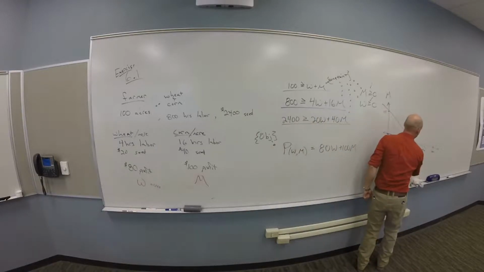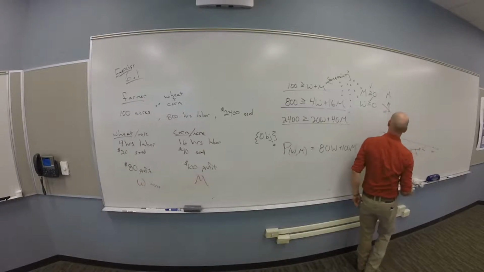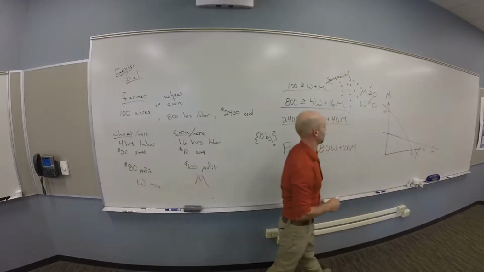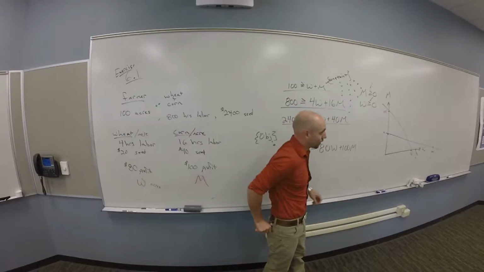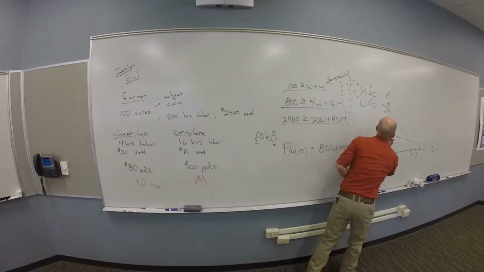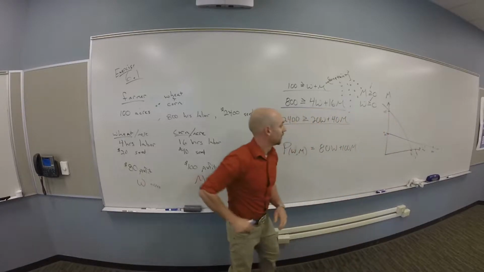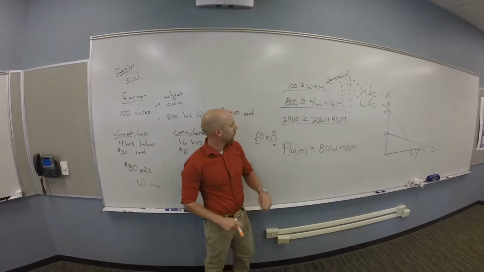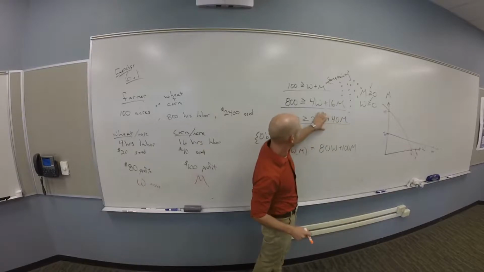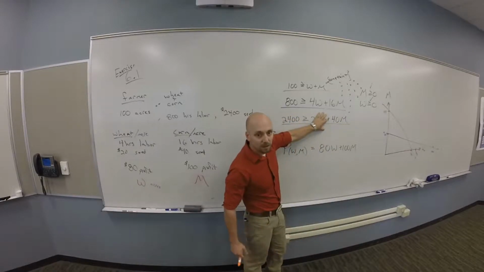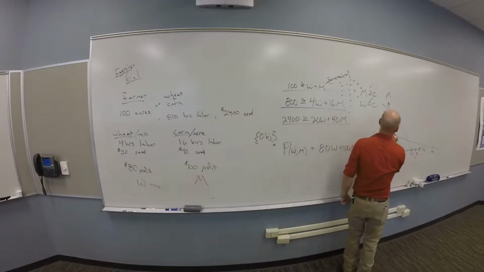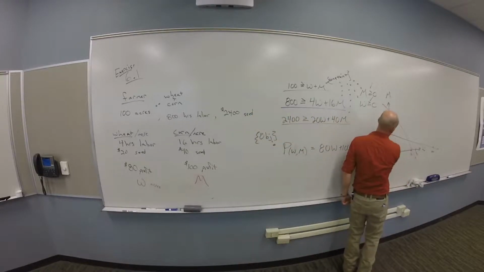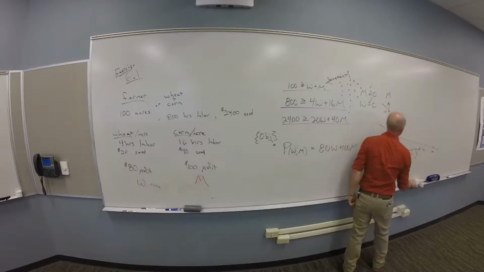That's out here someplace. That's at 120. Oops, that blue thing was at 50. Oh god, I lost my blue marker in my pocket. Okay, and if I planted no wheat and only corn, I could get 60 acres. That's like here. So I get some kind of line like this maybe.